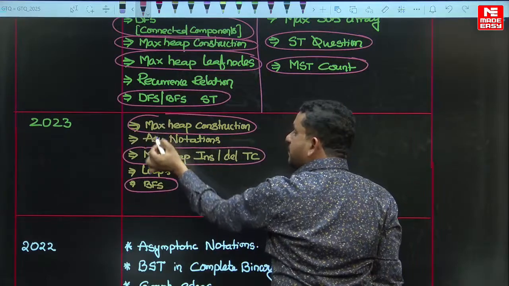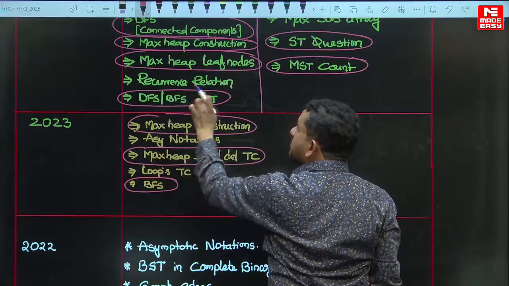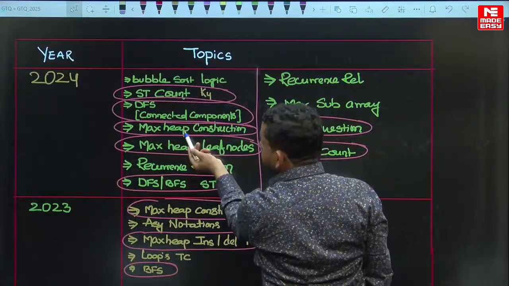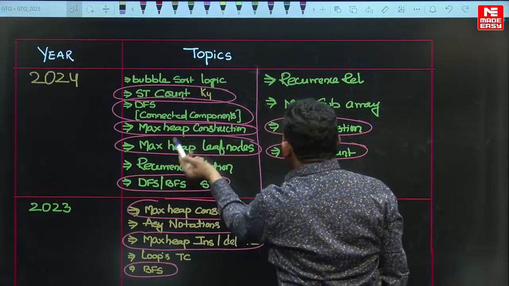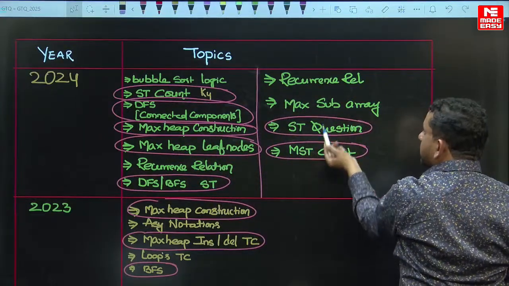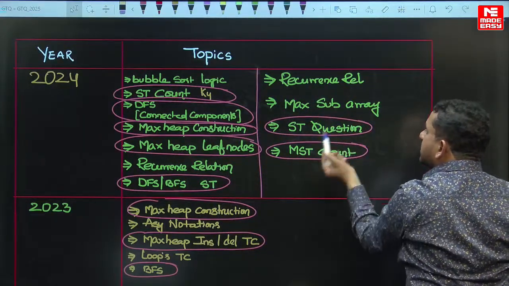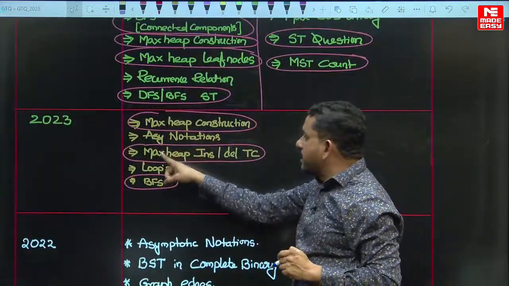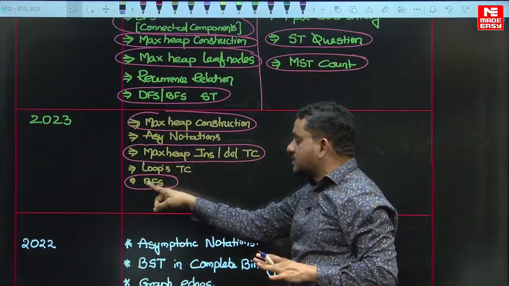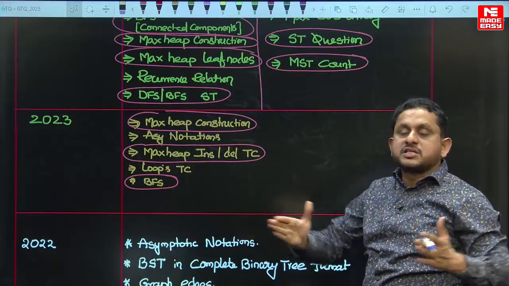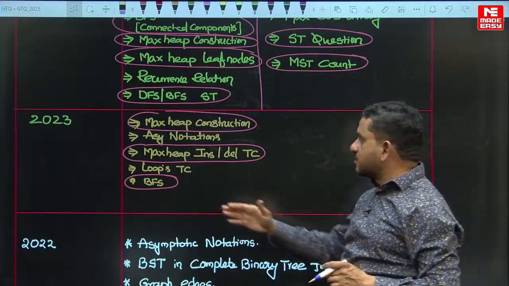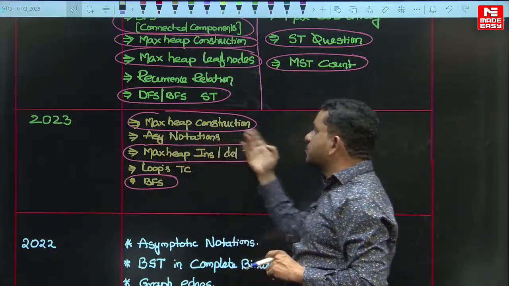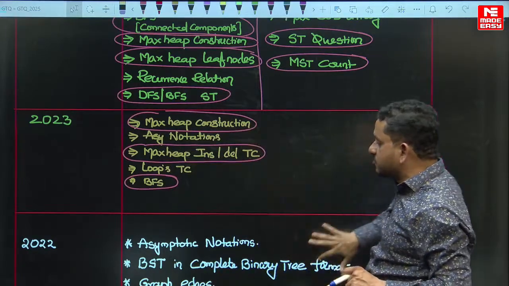So binary heaps had 2 questions in the same paper. Then MST is there; in the second paper the binary heap question is not there, I think. So binary heaps are asked every time, which is why today I covered almost 6-7 binary heap questions. Then loops, time complexity and asymptotic notations, that is one thing.